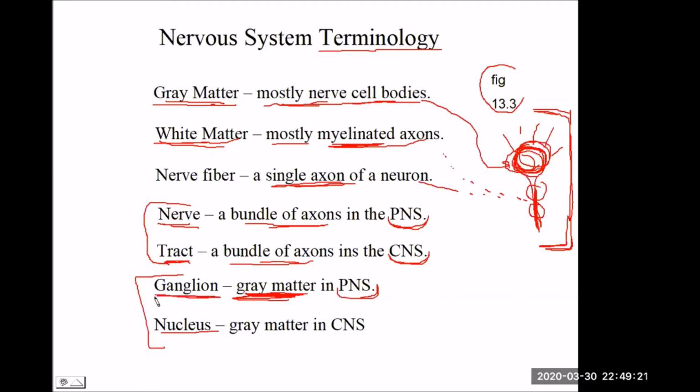So a ganglion is just simply a cell body in the PNS. A nucleus is a cell body if it's in the brain or in the spinal cord, in the central nervous system. All right, so we want to keep the terms paired together. That'll help you learn and see that difference based on location.